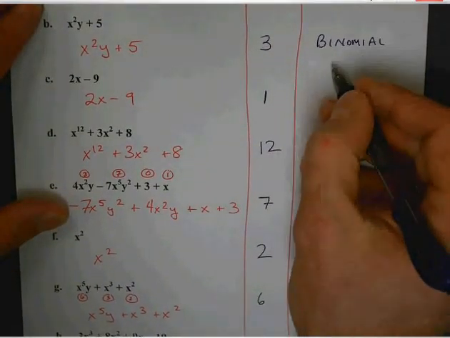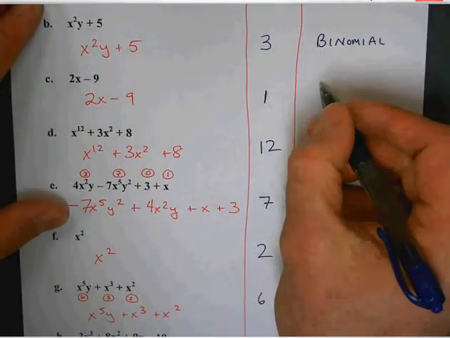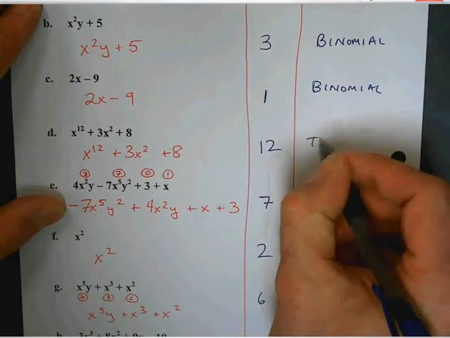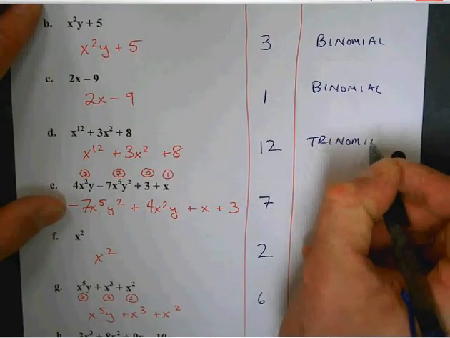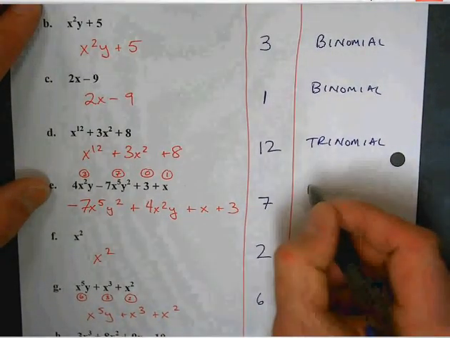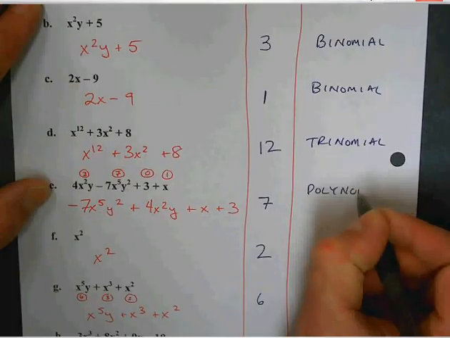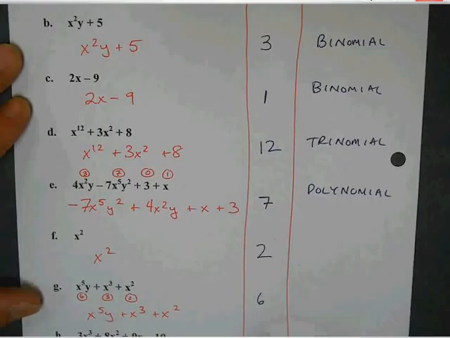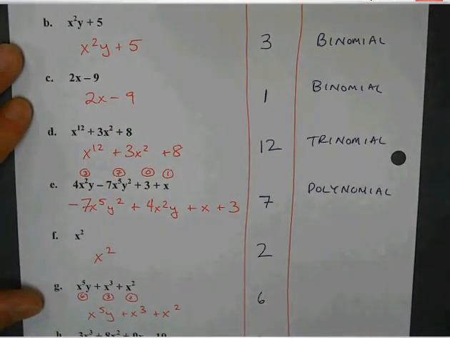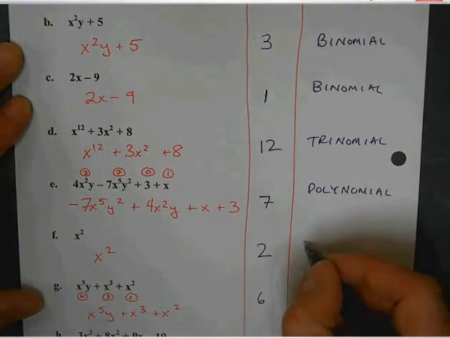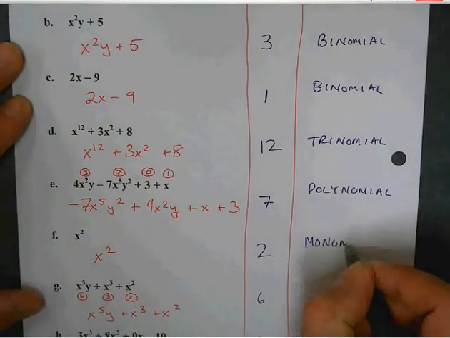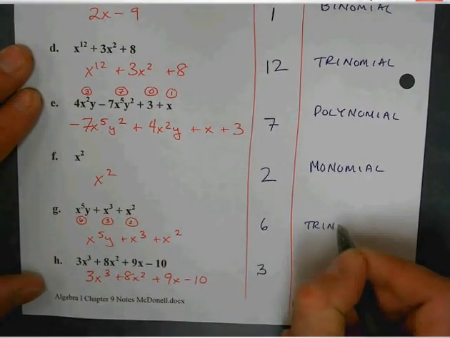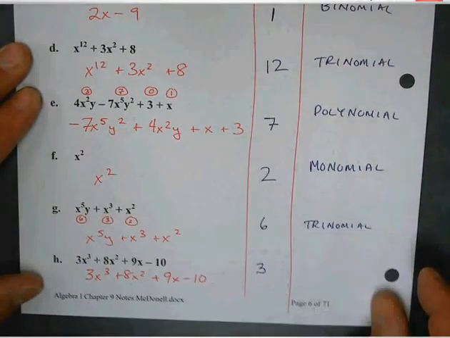Trinomial. Oh, okay. Try by, then what? Binomial. Binomial. Trinomial. Okay. Polynomial. Poly, if you had to define it, more than 3. You can say more than 3 or you can say 4 or more, whichever you prefer. Go. And monomial. Go. Trinomial. And polynomial.